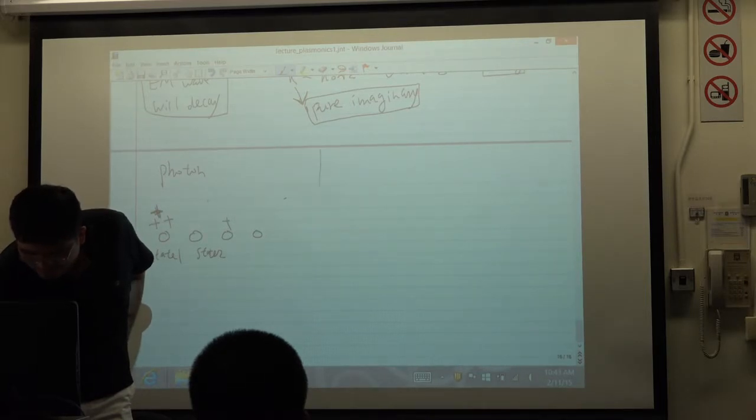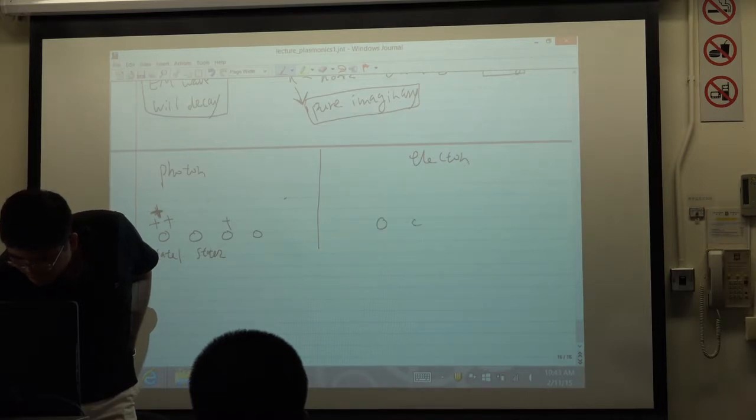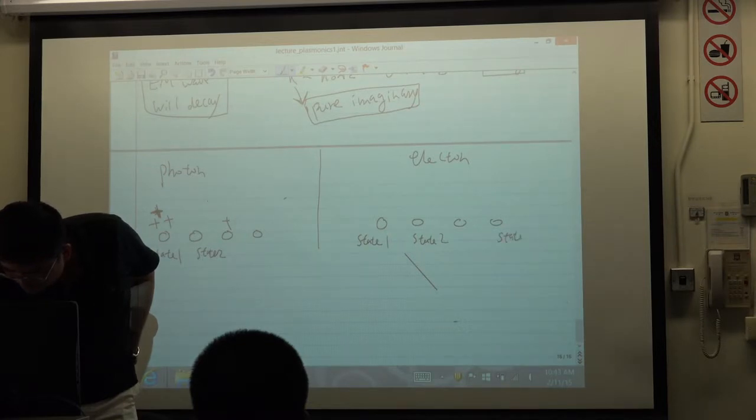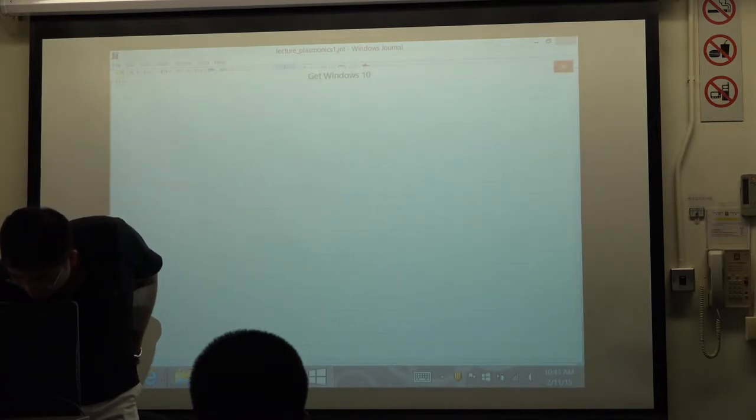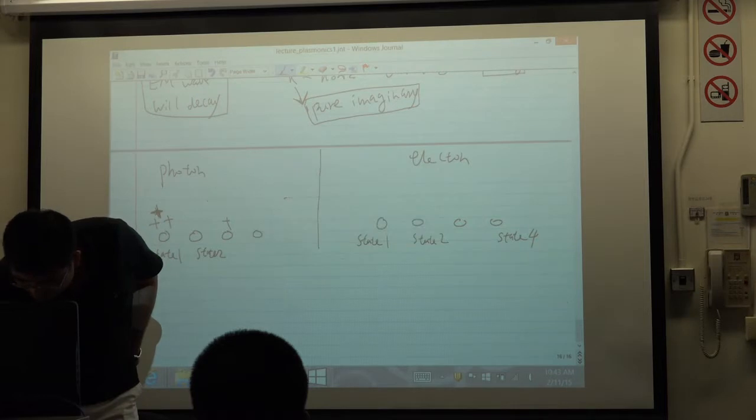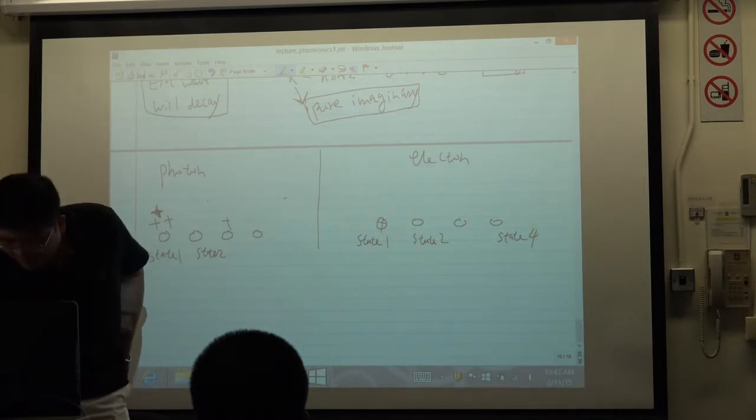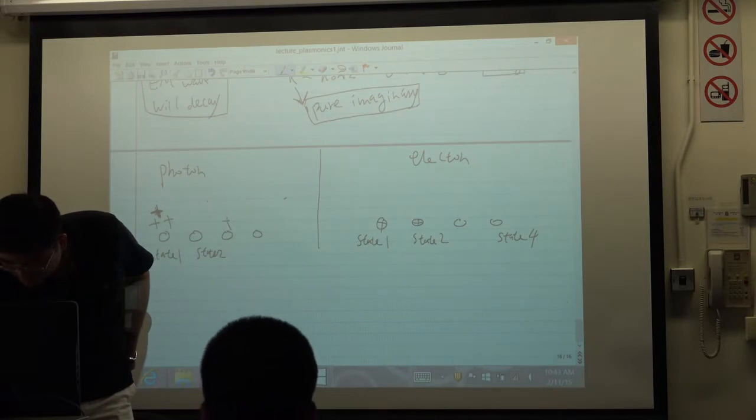How about electrons? This is state 1, state 2, state 3, state 4. The electron occupies state 1. Put another, no choice, state 2.